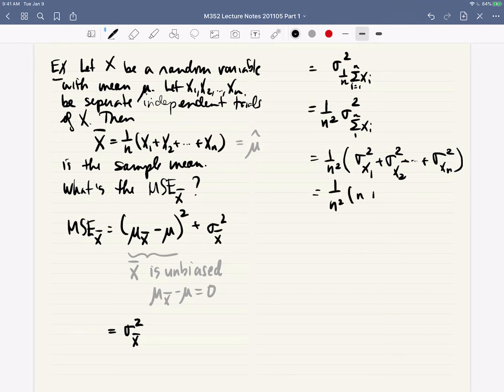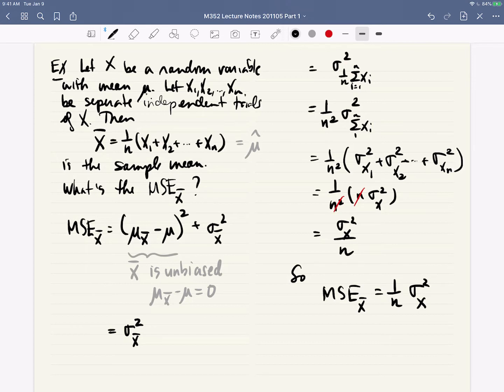And so this is n times the variance of x. That n there cancels with that n there, so my mean squared error is the variance over n. The mean square error of the sample mean is 1 over n times the variance of x.